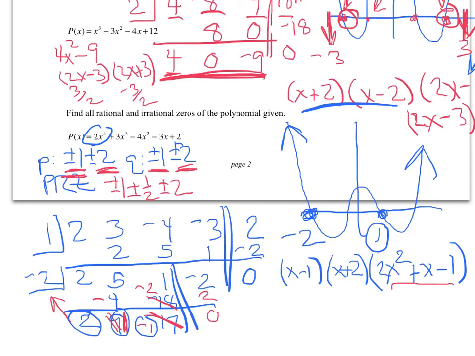Because I found 2 zeros, I know there are 2 more, because look at the graph, there are 2 more zeros. Here's 1, and here's the other one. So let's see if we can factor 2x squared plus x minus 1. And I believe it's factorable. 2x, x.